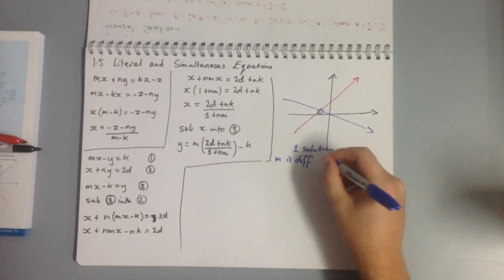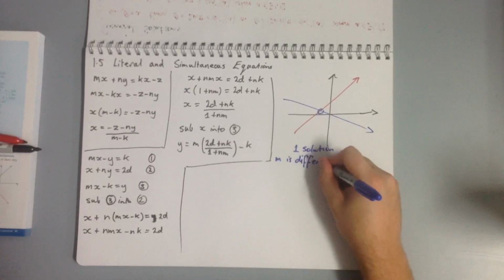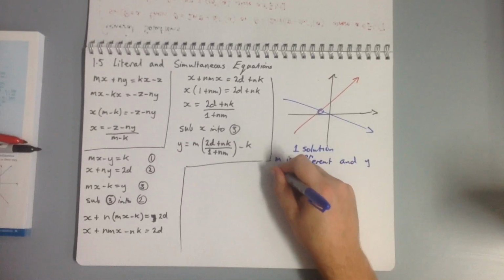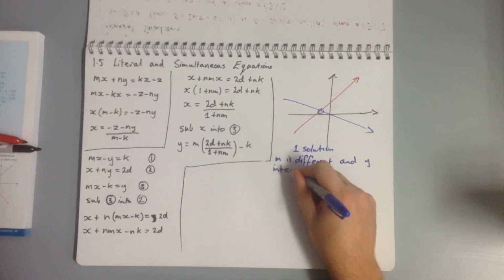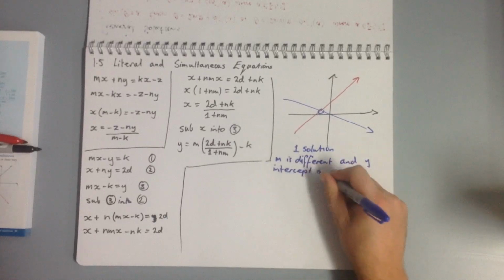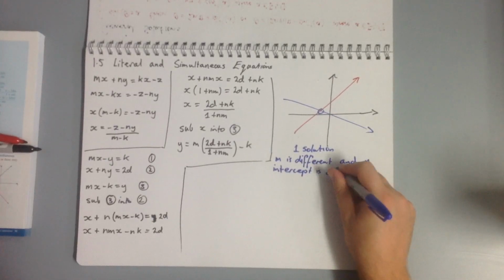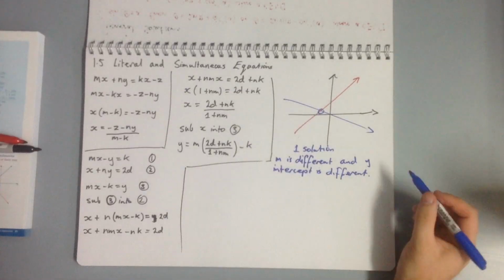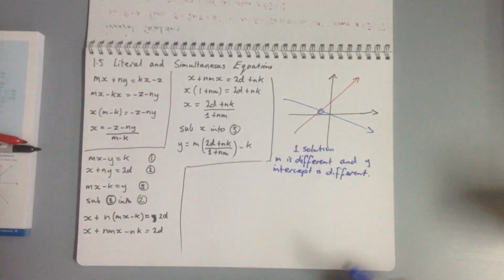I'm just using m for a gradient. And y-intercept is different. This is for our two equations. So there is a special case where they can be the same for our y-intercept, but not very often.